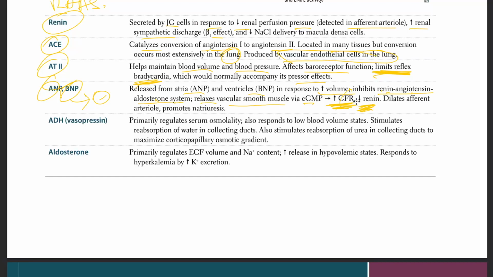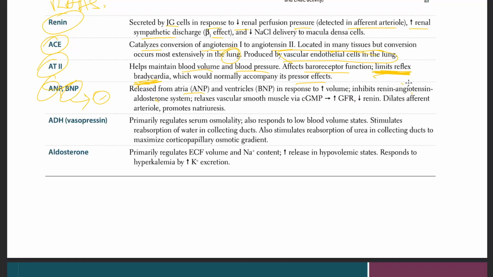RAAS is maintaining GFR, here they're increasing GFR, and dilate the afferent arteriole and promote natriuresis, pushing the sodium out. And what was RAAS doing? So it is important to know this. Here, ANP and BNP inhibit RAAS.